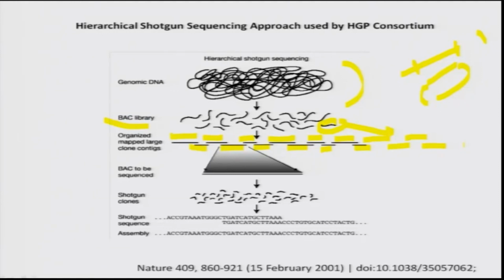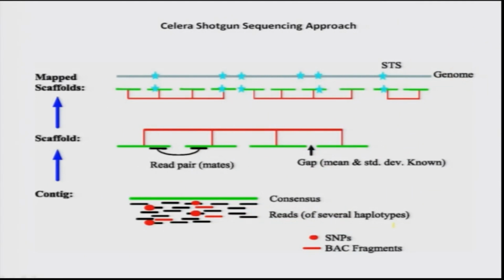These have overlapping regions, and then each clone was digested, cut into smaller pieces, and sequenced. So, we have each segment that was sequenced. Now you try to align them, get a larger sequence, and then align with the others, and that's how they are able to assemble this. Okay. So, this is the method that the Human Genome Project Consortium used, and it was time consuming because you have to create a library.